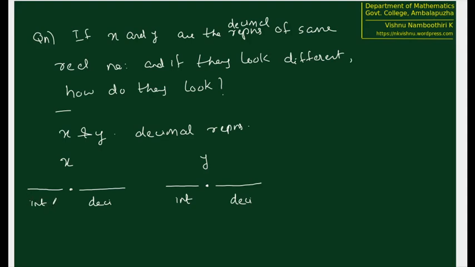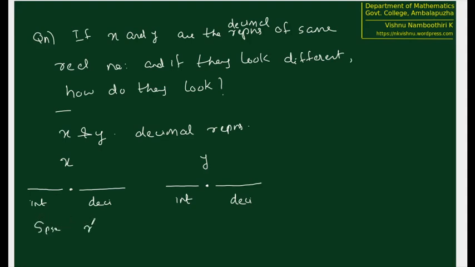So we are going to suppose that the difference between them starts at some point. Suppose that x is having x1, x2, etc. and goes on like that, and y is having digits y1, y2, etc. like that. Suppose that till some natural number n, the digits are the same and the difference starts from that particular n onwards.